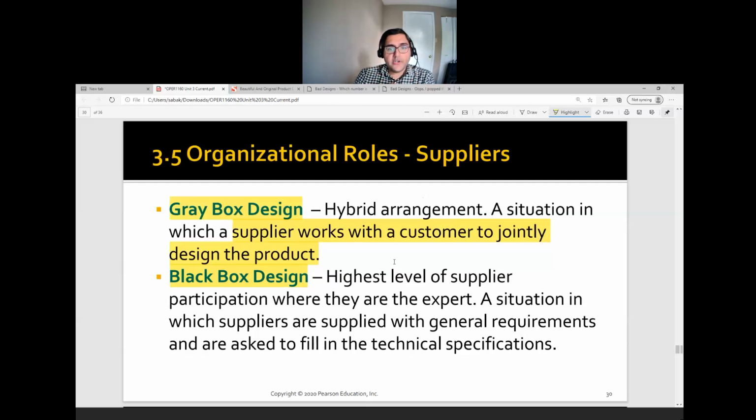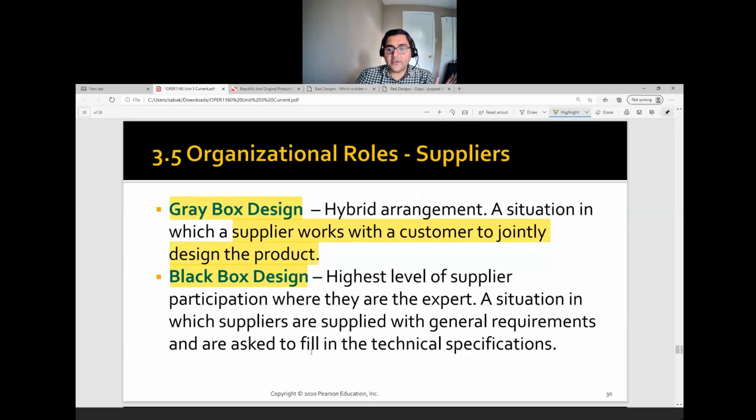But another approach is, if you don't want to share all the information about the new product with your supplier, you might just tell them that, okay, I need these sort of products. So that is the highest level of supplier participation, but a situation in which they are supplied with general requirements and told that you just need to give me this product.